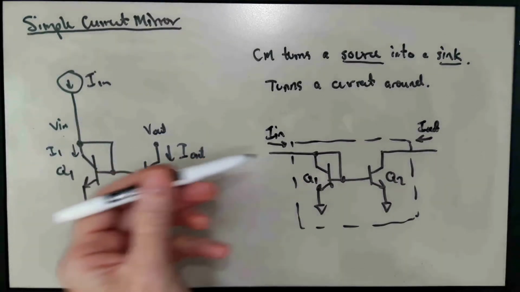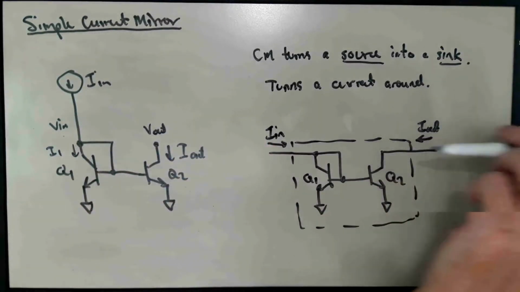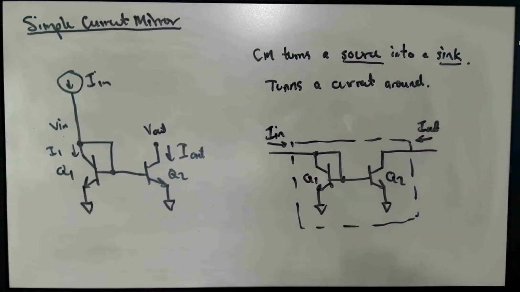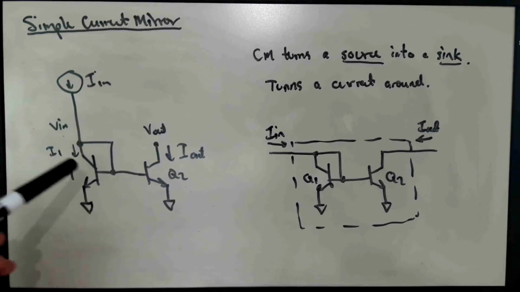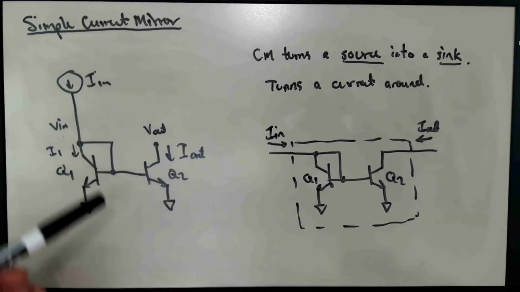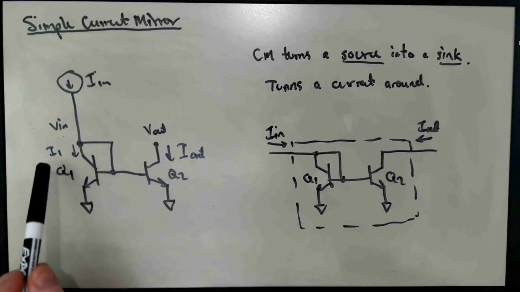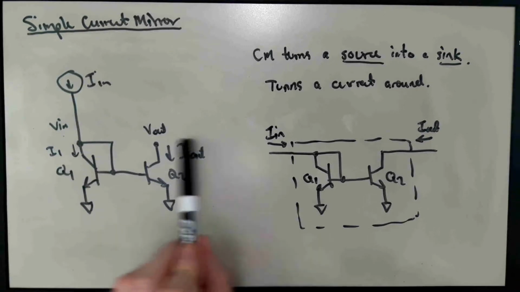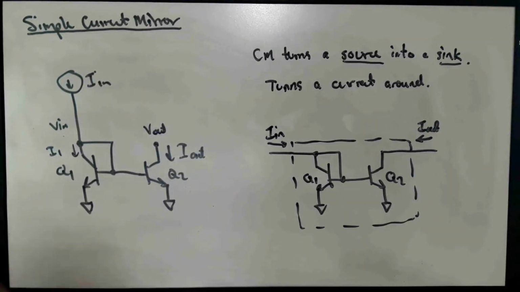Right, so it's flowing from left to right here, and it changes this to flowing from right to left on this side. Okay, so that's useful. And if we use an NPN current mirror and a PNP current mirror together, we can build a circuit that basically is able to take a current that flows in either direction and flip it around so that it flows in the opposite direction, regardless of whether it's in or out. So there's ways of doing that.